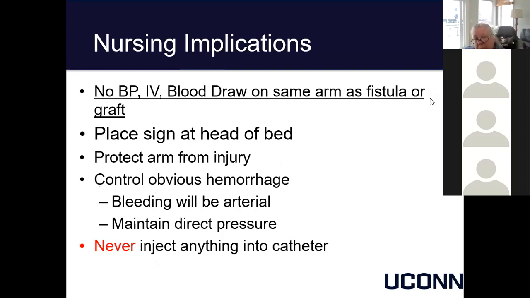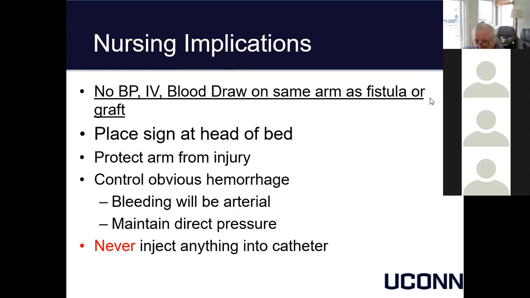Protecting that limb is really important. You don't do blood pressures, you don't do IVs on that arm, you don't do blood draws. Most patients are wearing a band, or even as you said, was it Katie, you said that it was pretty obvious, or was that Kelly that said the fistula was pretty obvious?